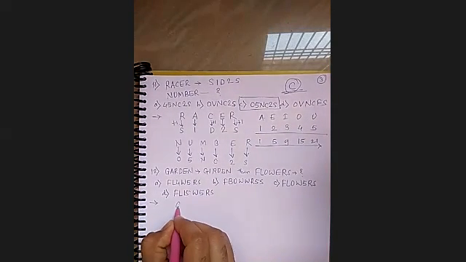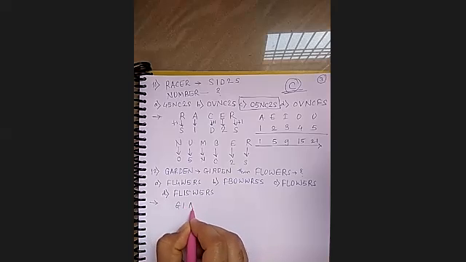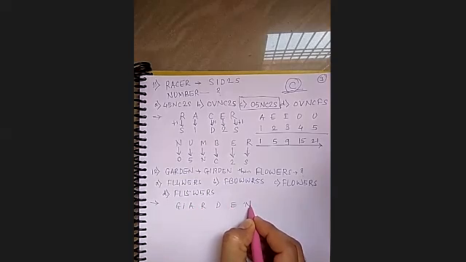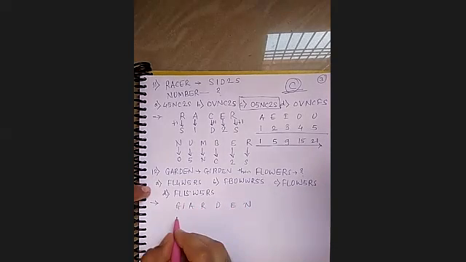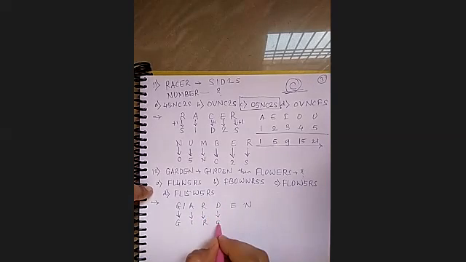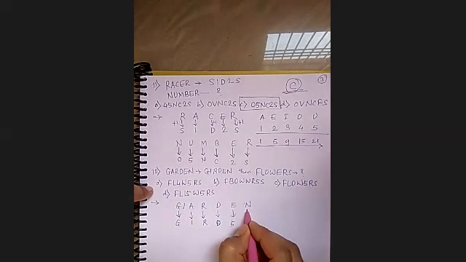If you write the garden, right? So garden is, let's say, G. Here it is 1. Here it is R. Here D is as it is. E is 5 and N is as it is.